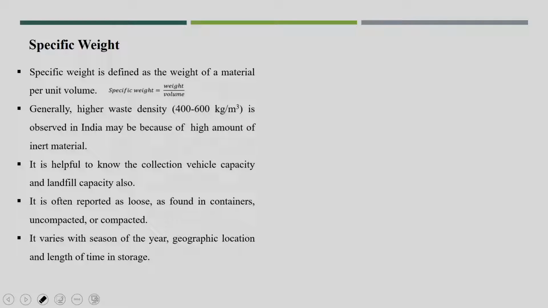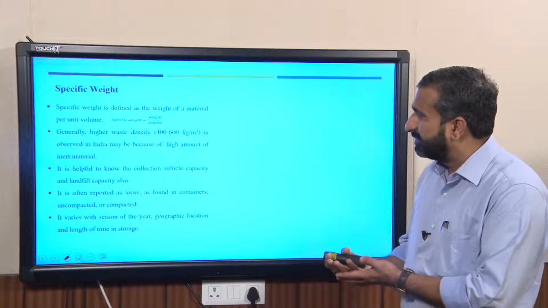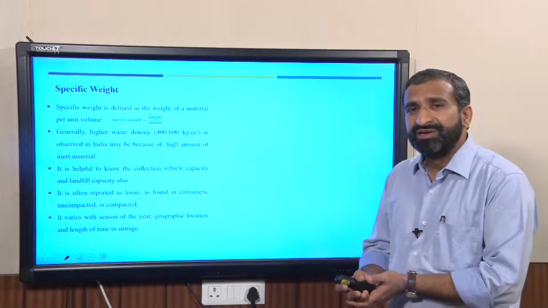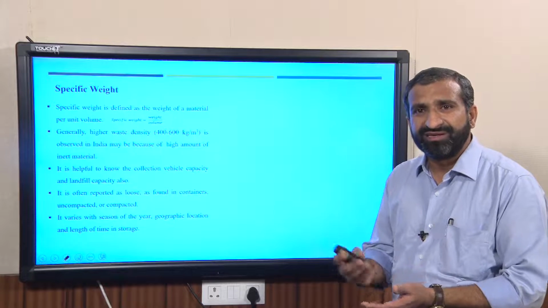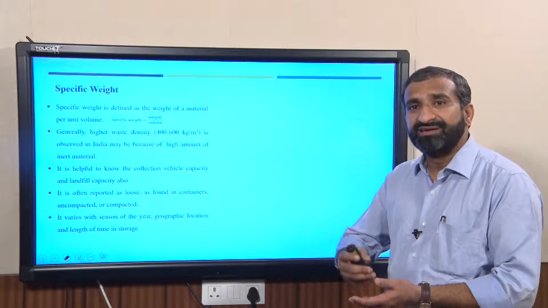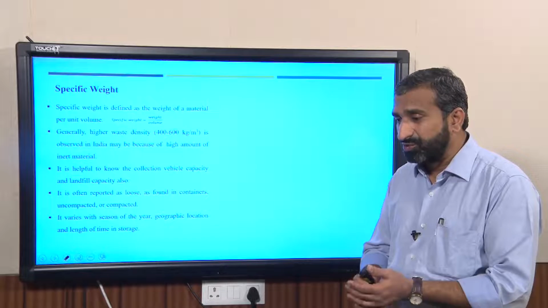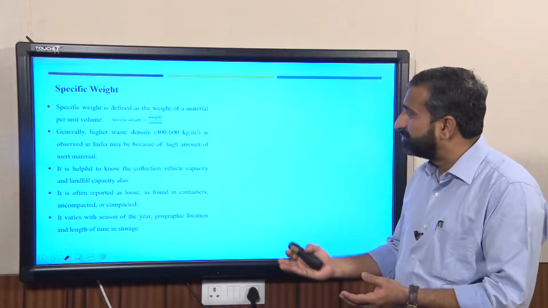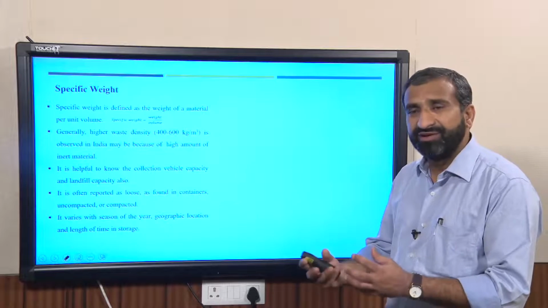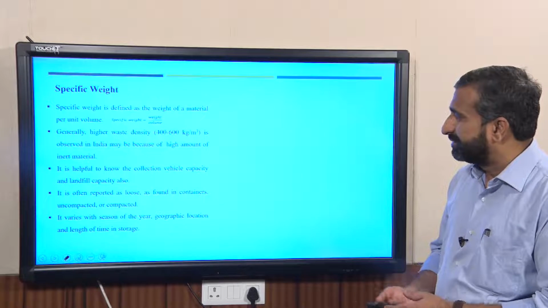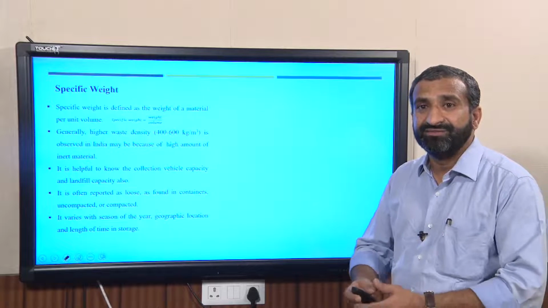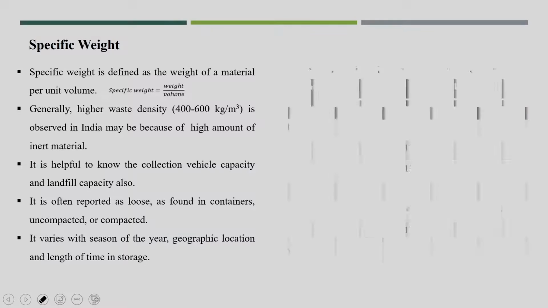Normally in India and the developing countries, waste has very high density, going to 400 to 600 kg per meter cube, because of more inert content. I also told you about the construction and demolition waste, which is also why we are getting very high density of waste. If the density is higher, your collection facility will be different based on that.